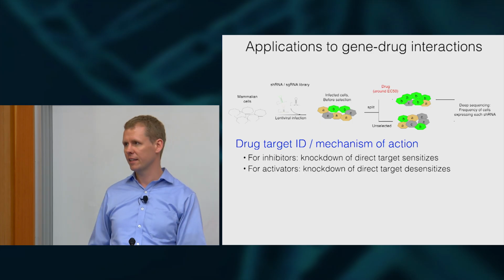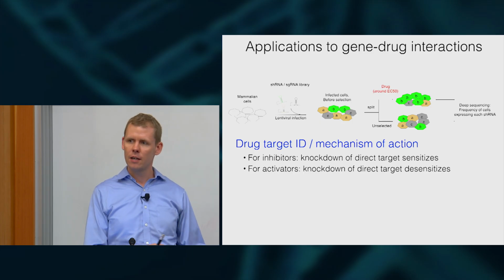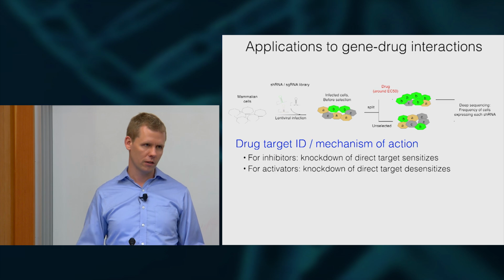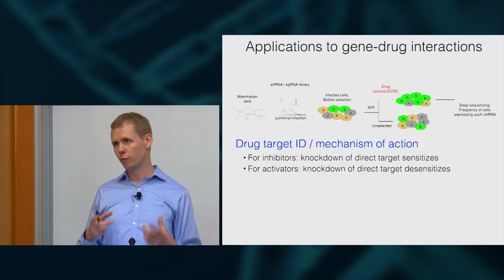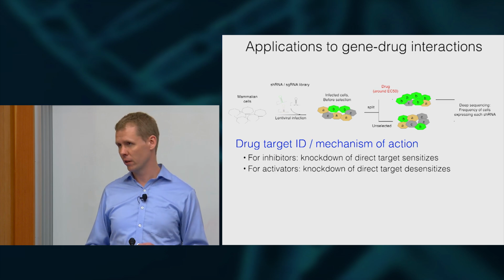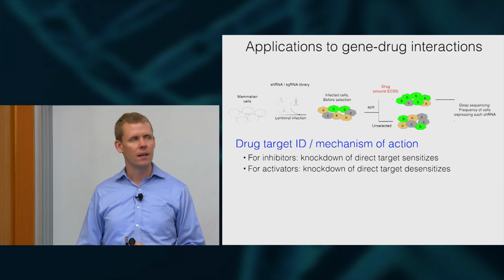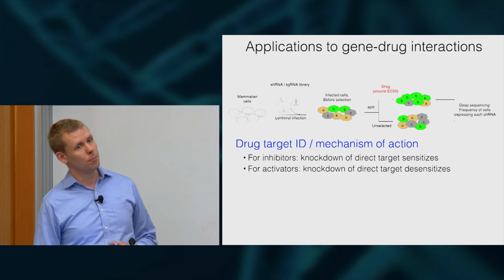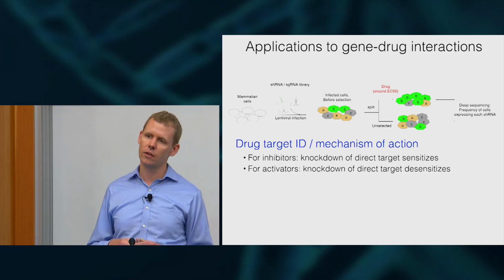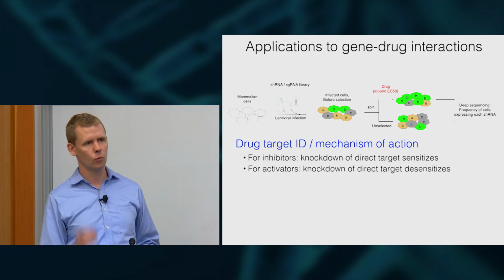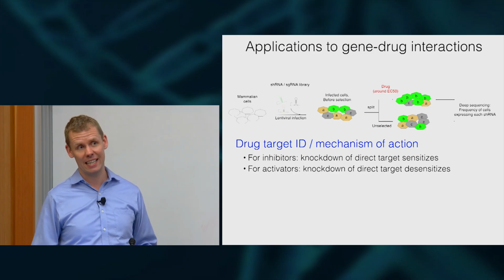So much like the arrayed siRNA screens that you could do in wells, you can also put drugs in the different wells, and you have a cell-based readout for, say, a cell-based disease model that you want to see. Again, the simplest will be a drug that kills a cancer cell. But oftentimes, it's actually not trivial, once you have a compound, to identify what is the mechanism, what in the cell the compound was hitting.